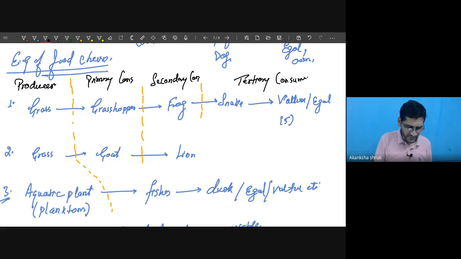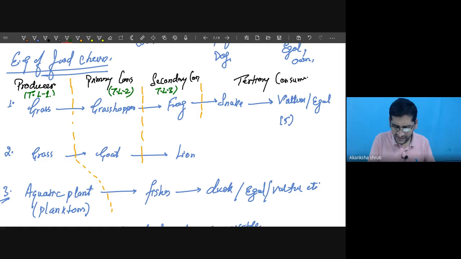So this is our producer. This is our trophic level 1. Write this producer as trophic level 1, the primary consumer as trophic level 2, the secondary consumer as trophic level 3, and this is our top trophic level, or trophic level 4.